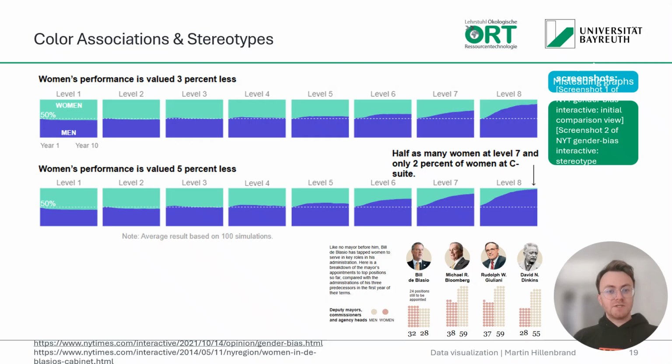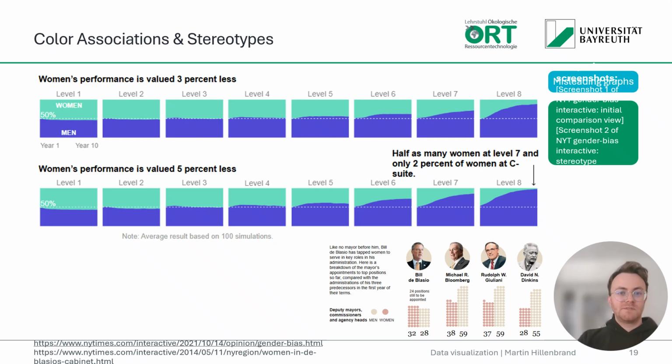So color association and stereotypes are important because they can also lead to real world impact. For example, with blue and pink, you have the pink tax, which indicates higher prices for pink products just because they are for women, and that's a type of discrimination. So choosing the colors of your chart can have real world impacts.